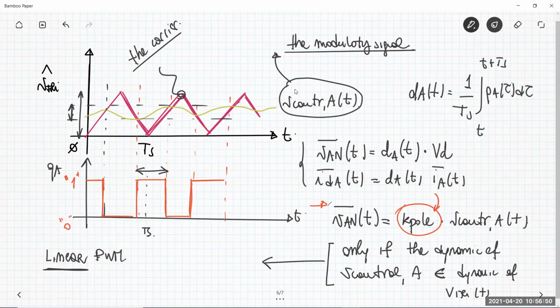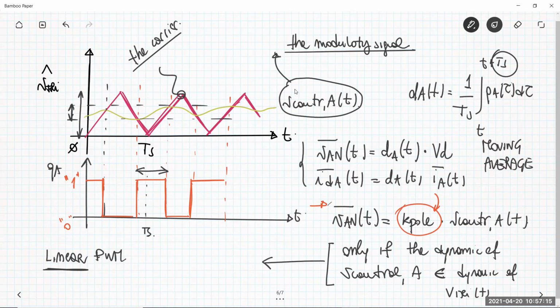So this is called the moving average: the average of the variable computed on several different windows that have TS as width.